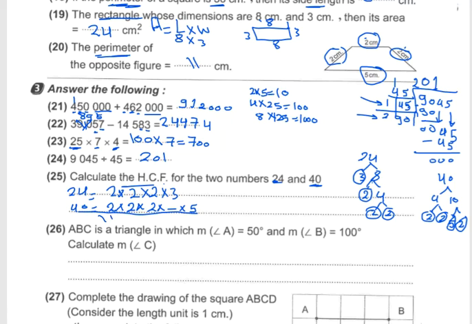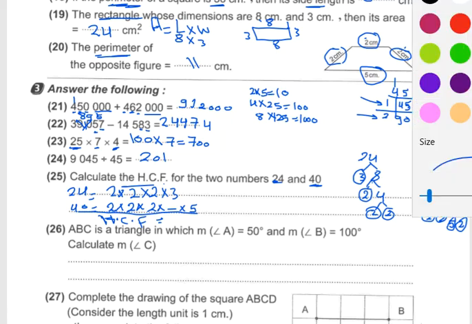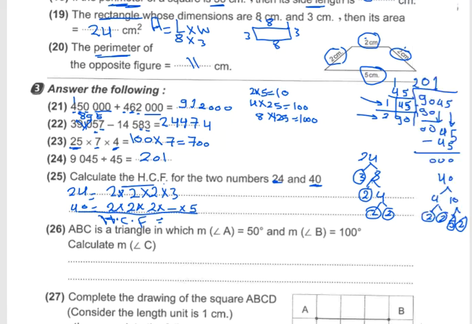Highest common factor here we have 2 and here also 2. So the highest common factor equals 2 times 2 times 2 equals 8.